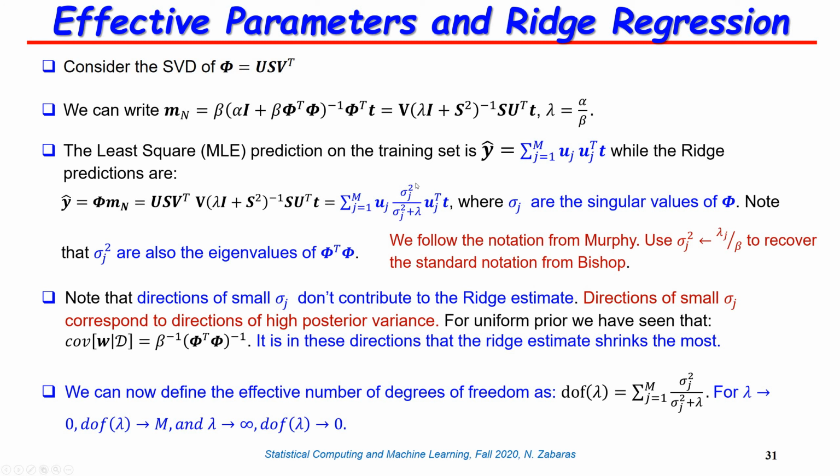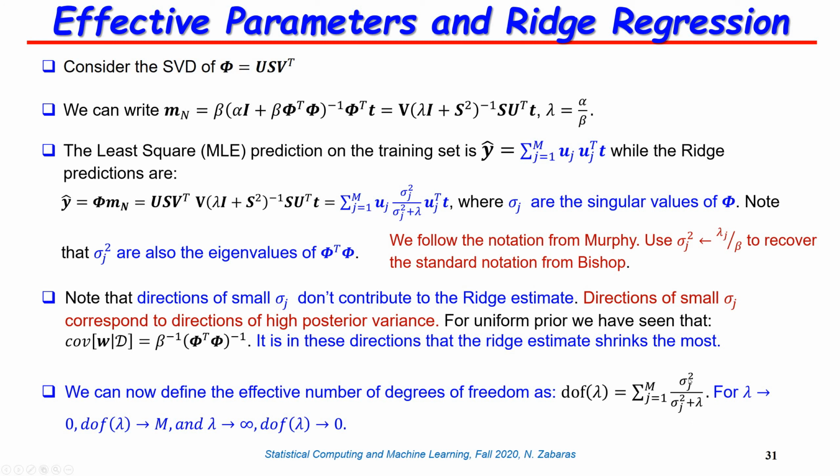You notice that you have this scaling factor sigma j squared over sigma j squared plus lambda. So I am actually going to call the effective degrees of freedom this summation of sigma j squared divided by sigma j squared plus lambda.